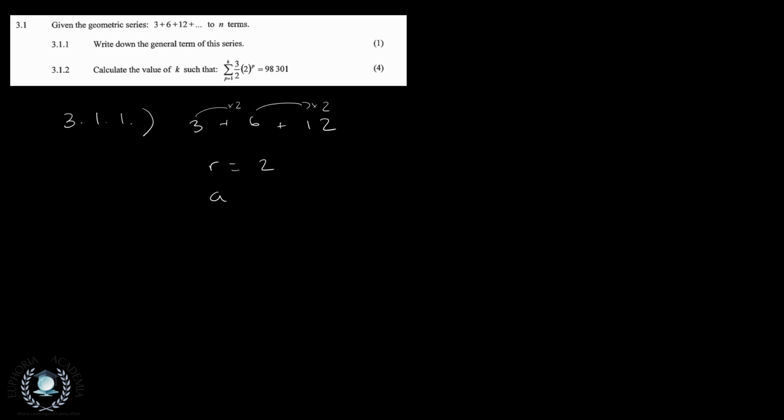Our first term is 3. So the general form of Tn is equal to 3 times 2 to the power of n minus 1.